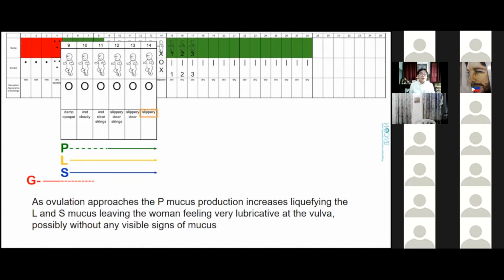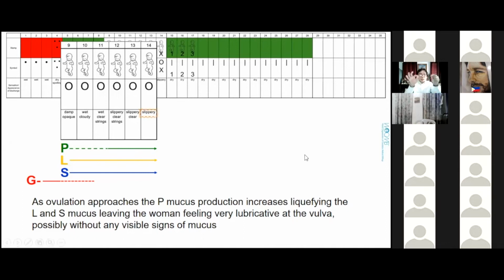A sensation of slipperiness at the vulva because of the intervention of the P mucus, as the P mucus begins to appear again as ovulation approaches, no? So possibly without any visible sign of mucus. Sometimes the woman cannot see the mucus, but the woman can totally feel the slippery sensation at the vulva.